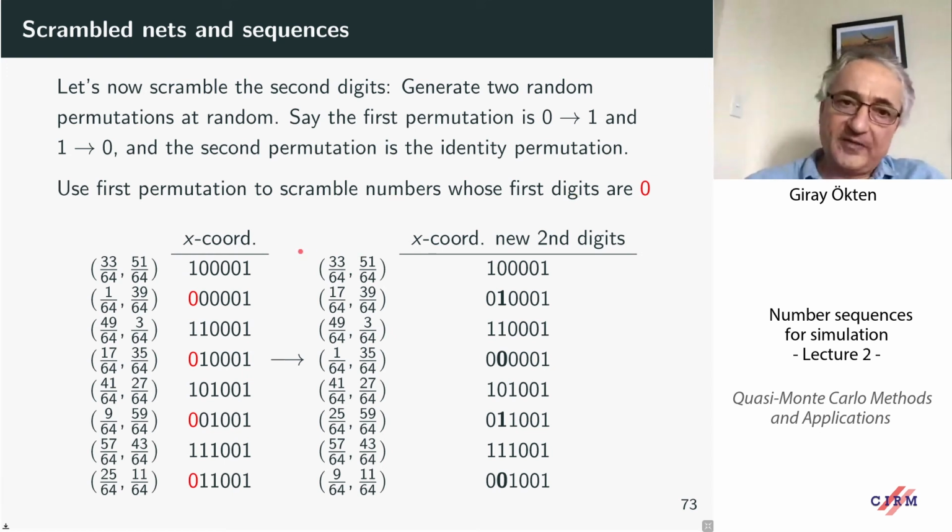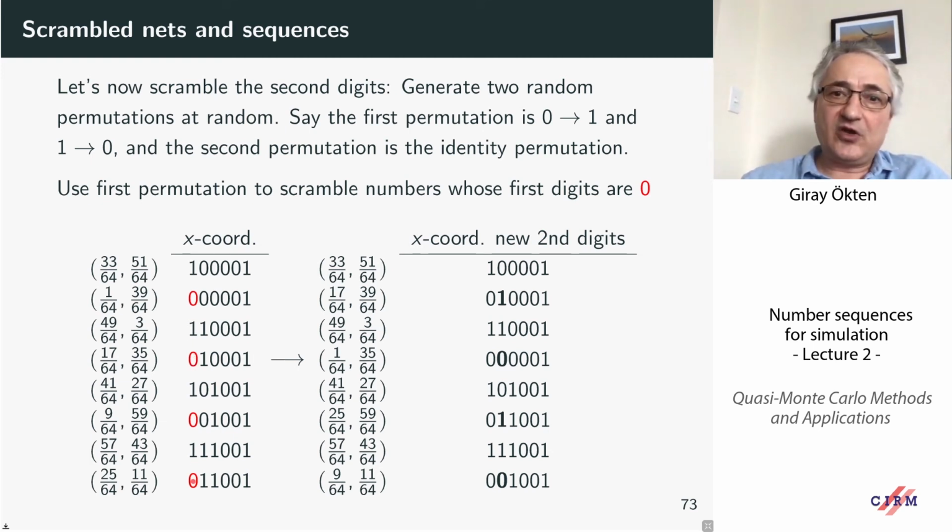What do I mean by that? Look at the x-coordinates in the first table, and identify those numbers where the first digits are 0. One is given in red. We're going to apply that first permutation that flips the digits to the second digits of only these numbers.